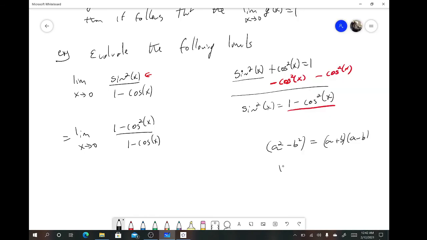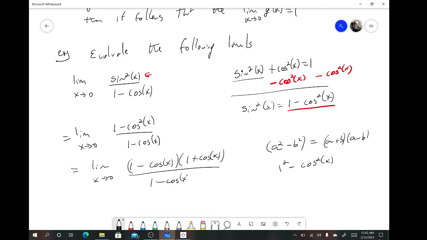You may not realize it, but 1 is a perfect square, because I could write it as 1 square, and I already have cosine as a square, so I could actually rewrite this. So it's going to be equal to the limit as x goes to 0 of 1 minus cosine of x times 1 plus cosine of x, all divided by 1 minus cosine of x.